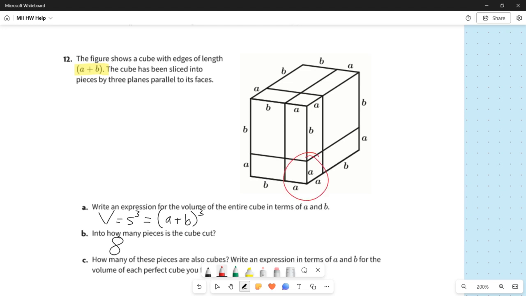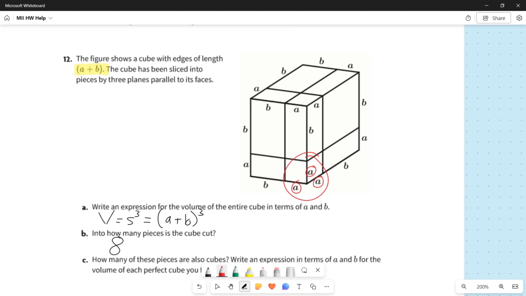If you take a look, this cube has a length of A, a width of A, and a height of A. So all 3 dimensions are the same, which means that's a cube, and that's one of them.